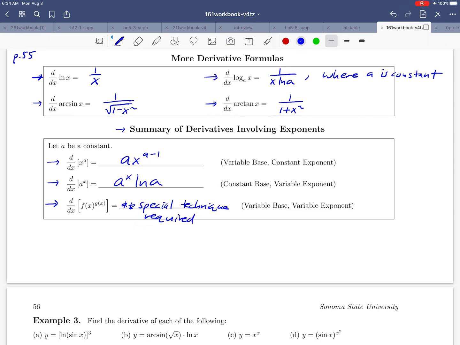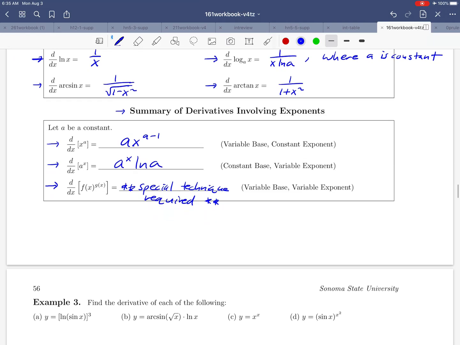Like I say, we are not going to cover this specifically this semester, but if you're interested in looking at that on your own, you're welcome to take a look at my written solutions to example 3C and D down here, on the next page. Again, you're not required to do that. We will not be covering that, but if you're interested, feel free to look at it on your own.